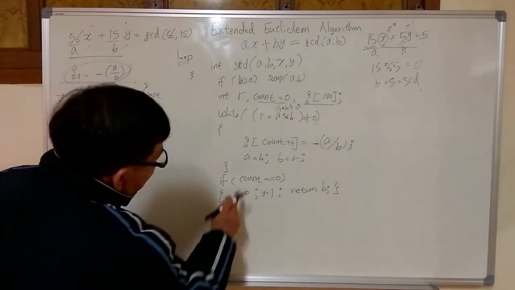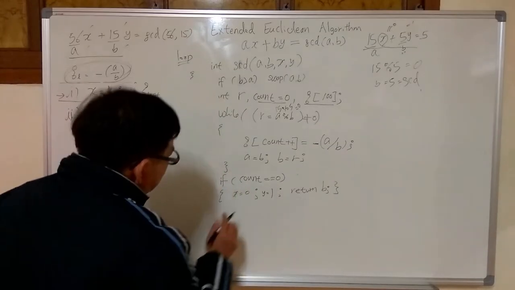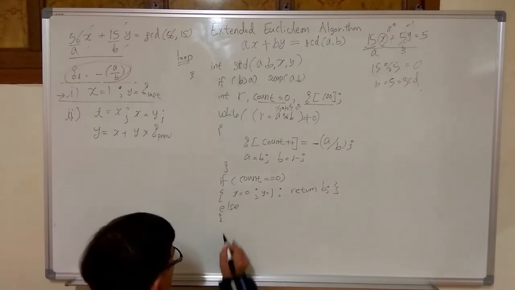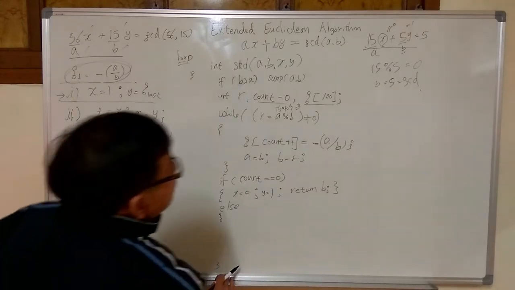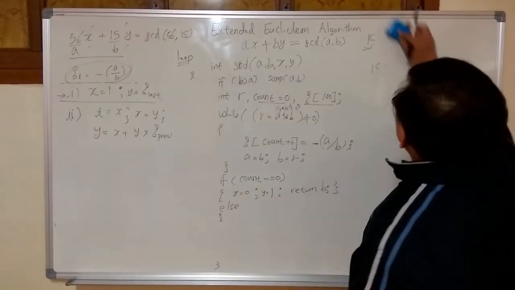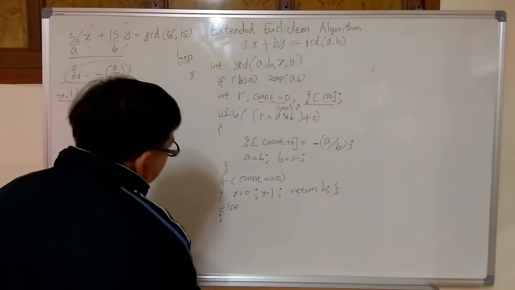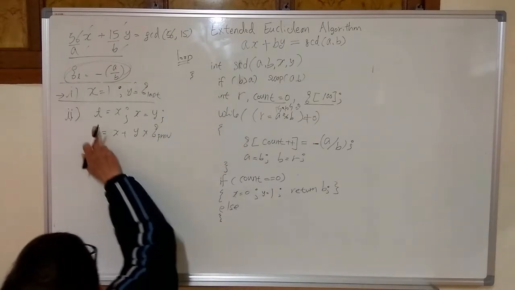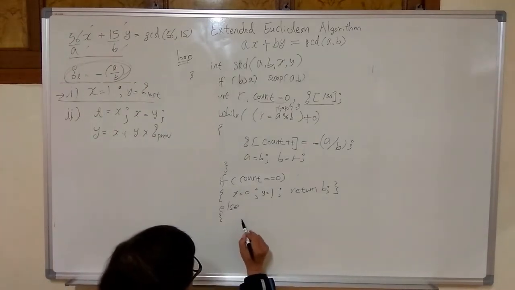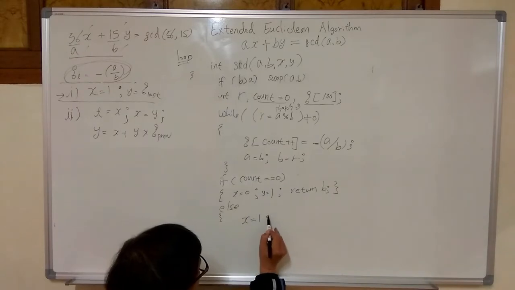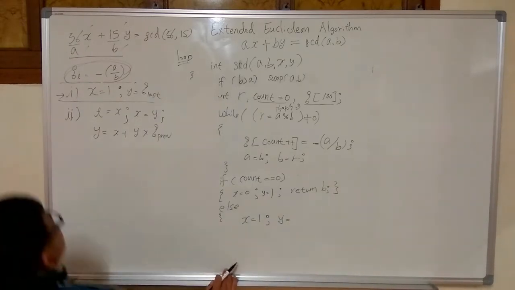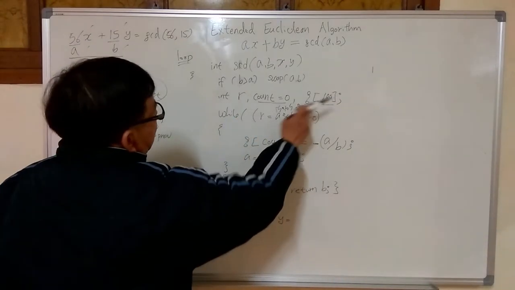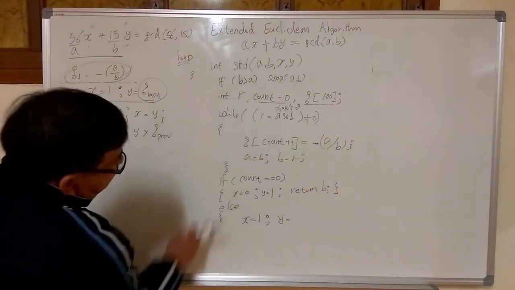Now if count is greater than 0, or not equal to 0, then else, this block executes. I will use this space. In the else statement, initially we let x equals 1, and y equals the last element of the q array, the last element, count actually, right?